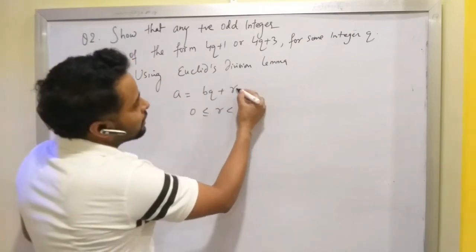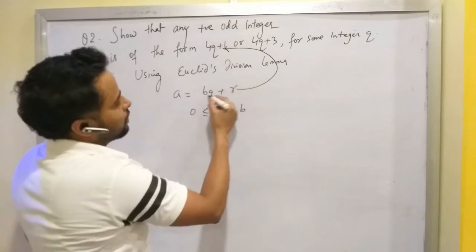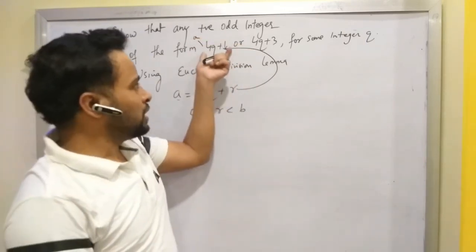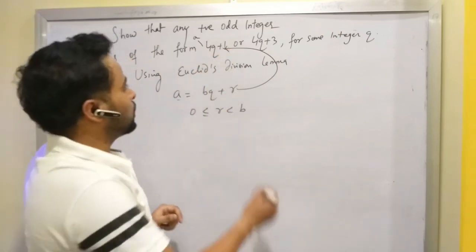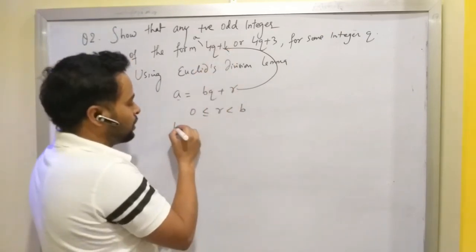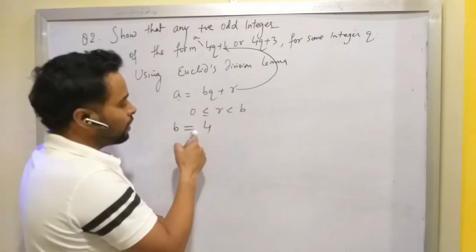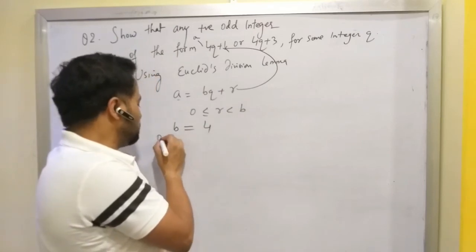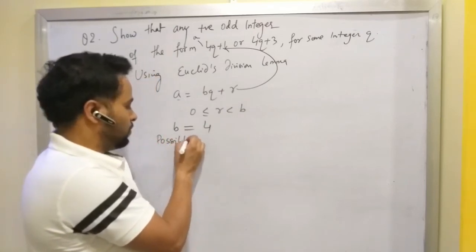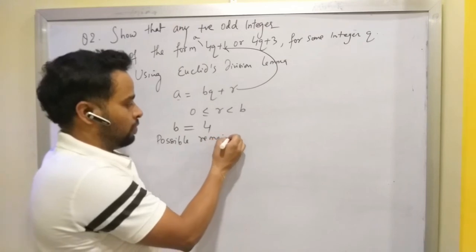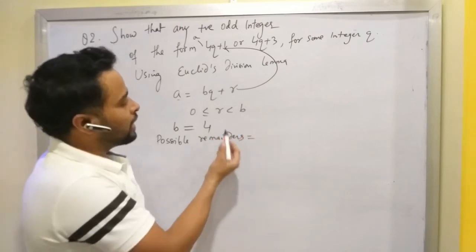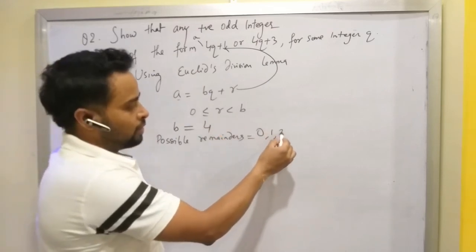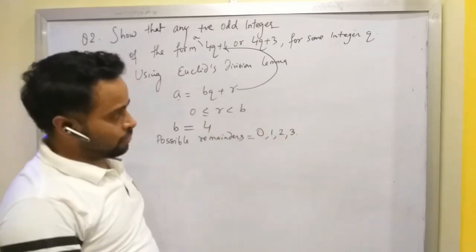अगर if I compare this with this one, a equals bq plus r, ये भी तो a है, some positive integer है ये 4q plus 1. So b का value they have given, b equals 4. If b का value is 4, possible remainders क्या है? Possible remainders हो जाएगा less than 4 from 0: 0, 1, 2, 3. Is it okay?